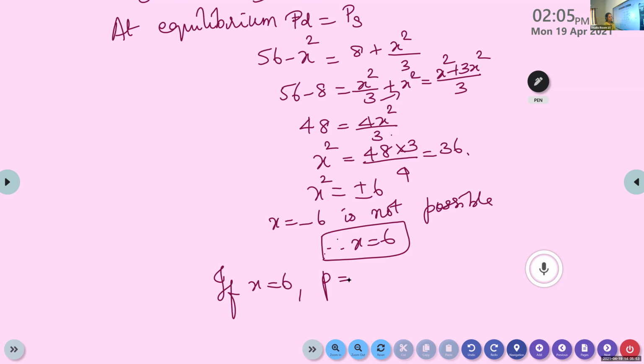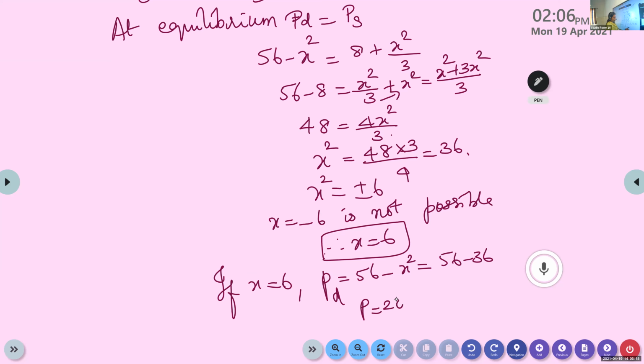You can substitute this. You can find p from any of the functions, either the supply function or the demand function. The simple one is the demand function, isn't it? PD is equal to 56 minus x square. So 56 minus 36. So what is P?